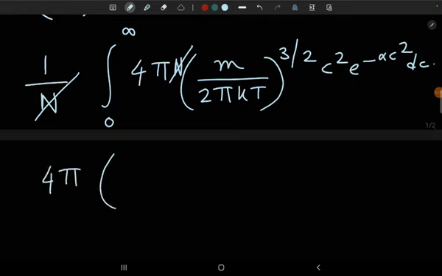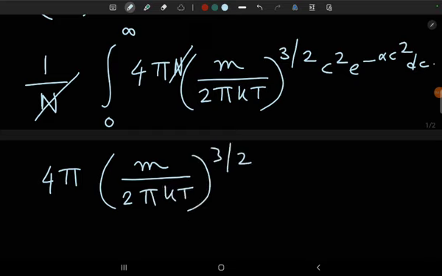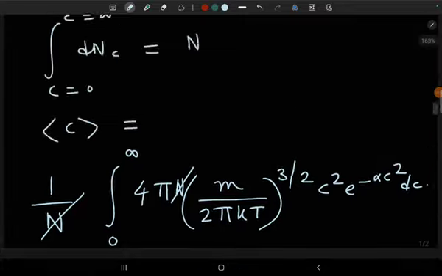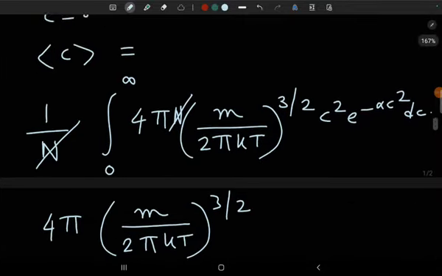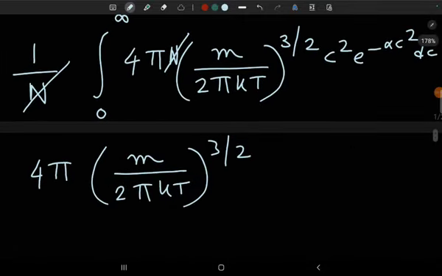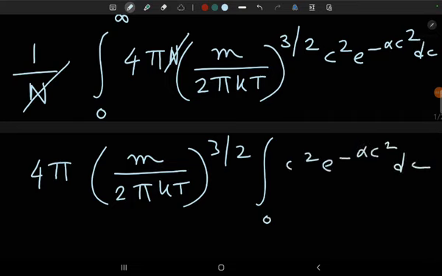This is 4 pi, m by 2 pi kT whole to the power 3 by 2, and we will integrate c squared e to the power minus alpha c squared dc from 0 to infinity.